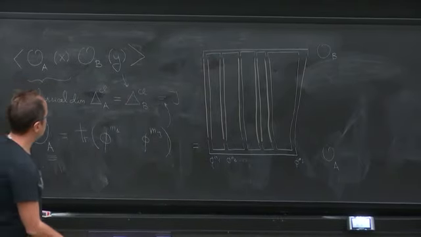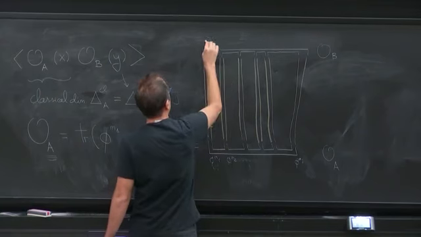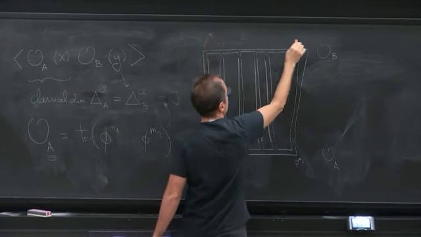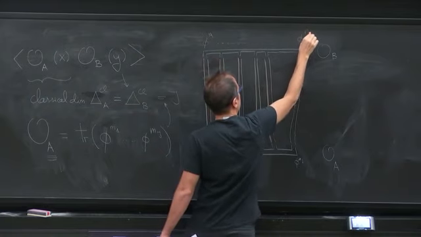Now, because I contract these fields, I have here a phi_n1, a phi_nj.